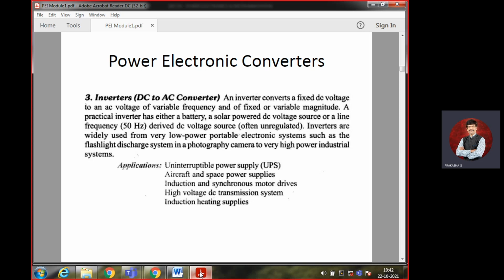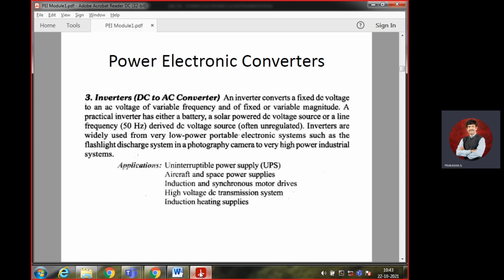When V1 and V2 are on, when your BJT1 and BJT2 are on, the voltage flows like this, and we are able to measure the voltage across the load. Assume this is positive and this is negative. Actually, there will be no positive or negative for the load, but for the current scenario, I am assuming this is the positive and this is the negative.